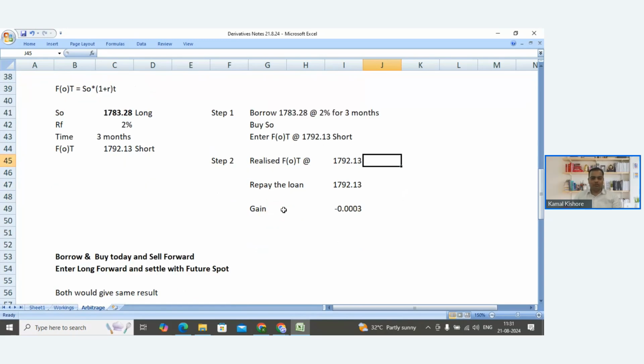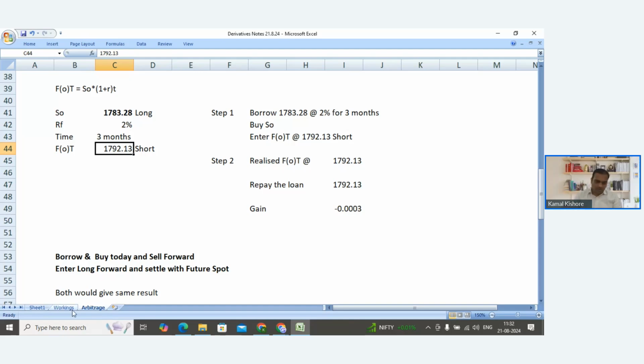Again, here we have assumed that this 1792.13 is nothing but the future value of this 1783. The future value of 1783 at 2% is nothing but 1792.13. That is the assumption here of the forward price. Forward price is nothing but the future value of the spot price. Theoretically, that is how it is calculated, and that is how it is supposed to be.